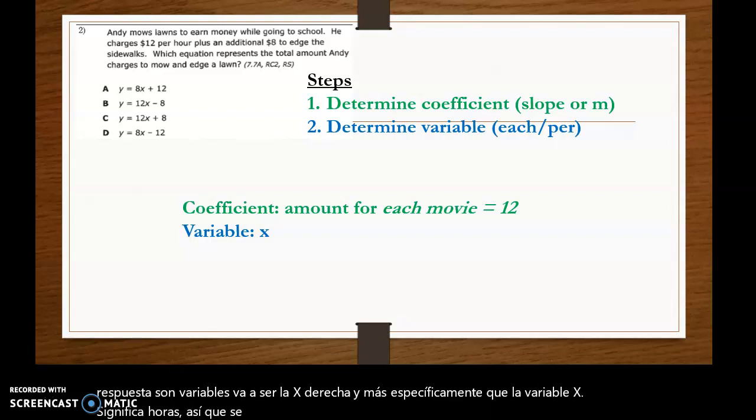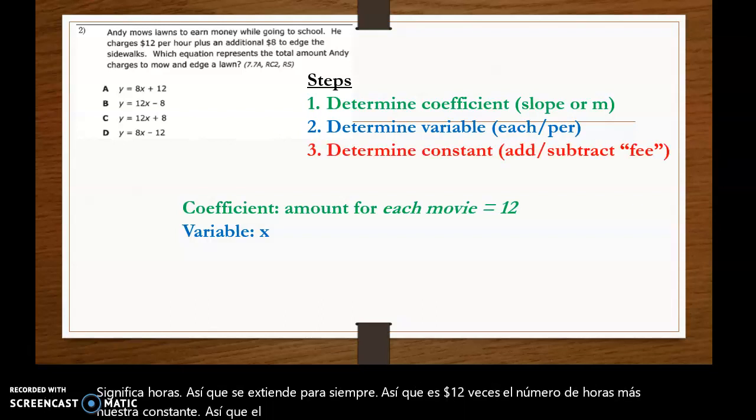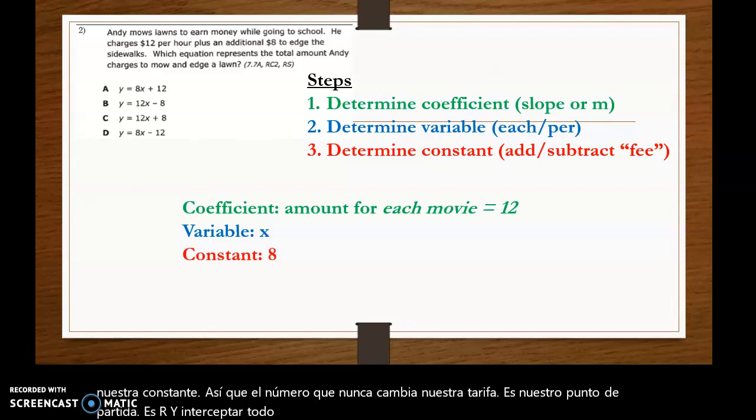So it's $12 times the number of hours plus our constant, so the number that never changes. It's our flat fee, it's our starting point, it's our y-intercept, all of that means the same. And that's obviously going to be the $8, right? So he just charges a flat fee to edge the sidewalk.